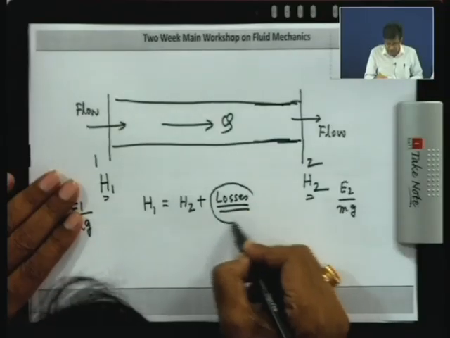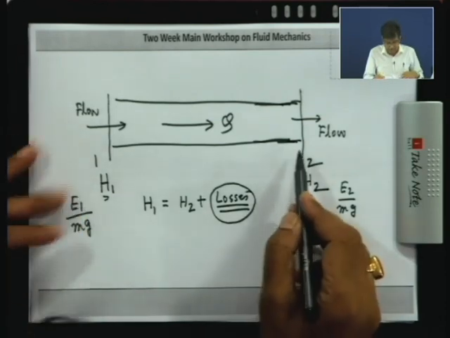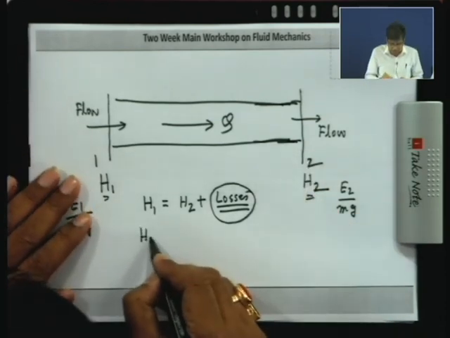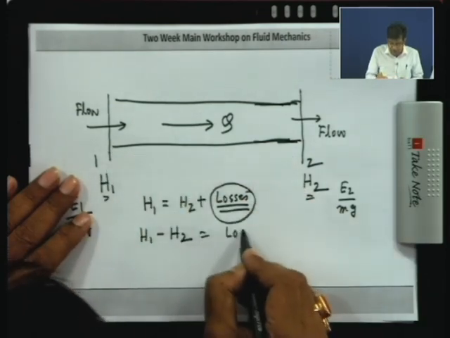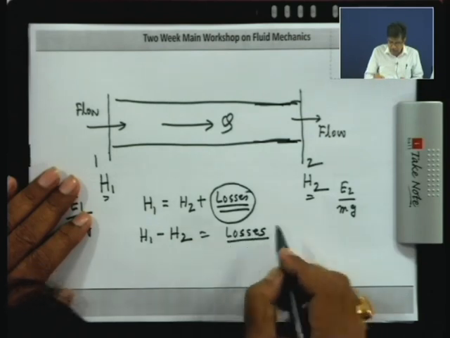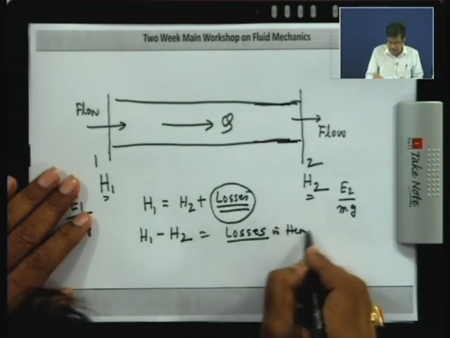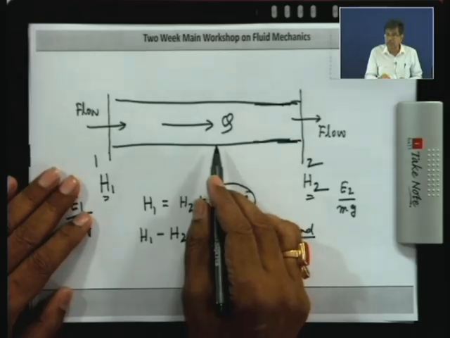So, therefore, in case of fluid flow, this curtailment of mechanical energy into intermolecular energy through friction is realized through a decrease in the static pressure. So, this loss is causing the decrease in the static pressure. Therefore, we see that the difference between the total head at inlet and outlet should be the losses, that means losses in head, that means losses in energy per unit weight, which is being converted into intermolecular energy.